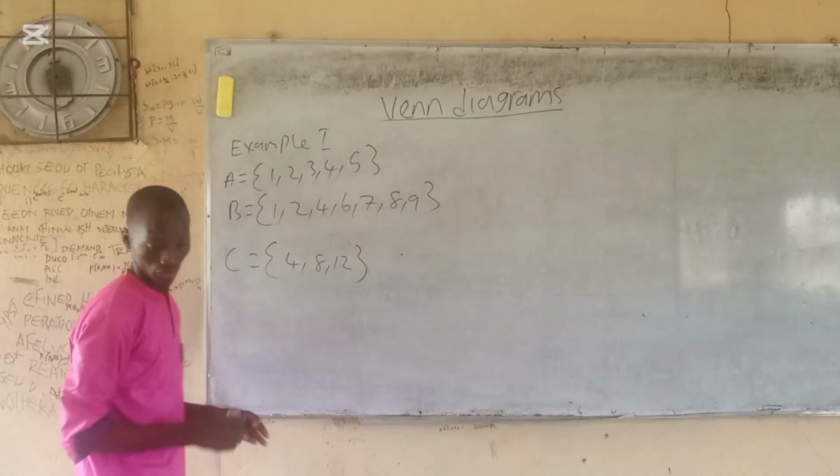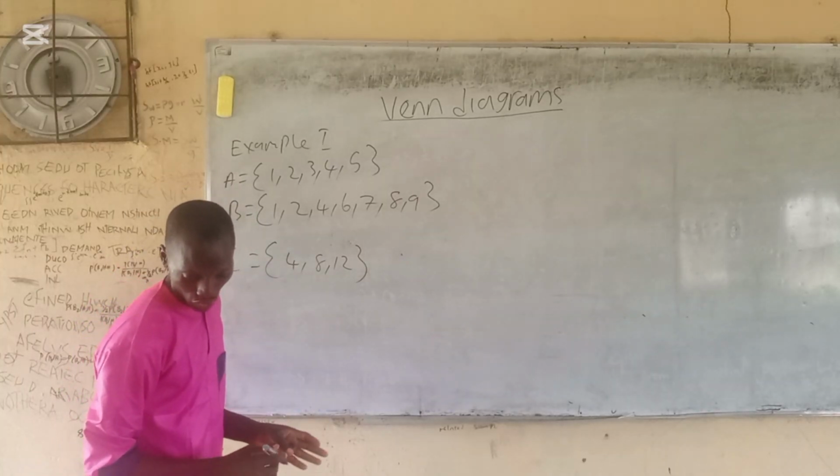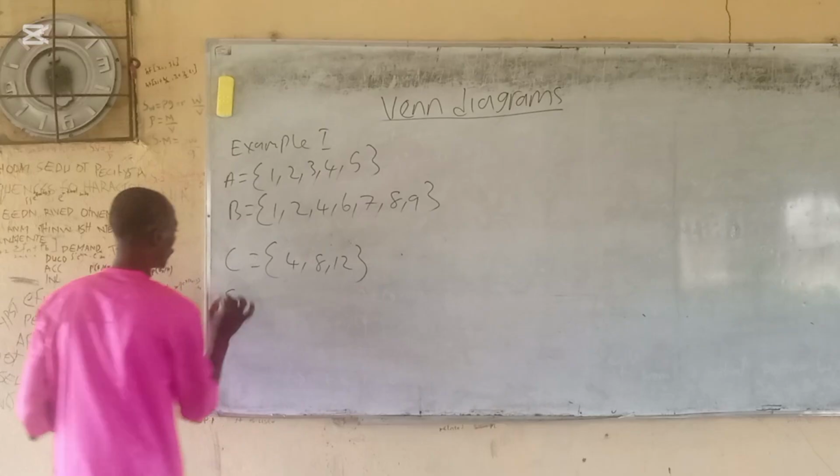Now, the question says: show the relationship in a Venn diagram.